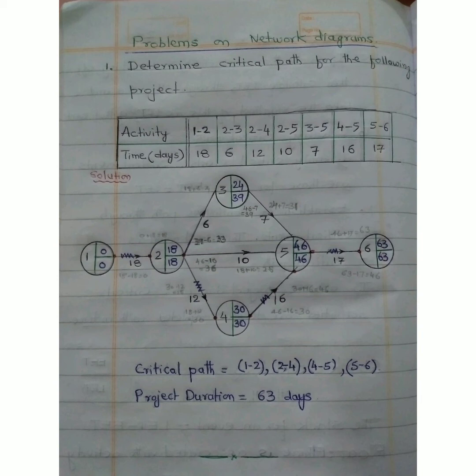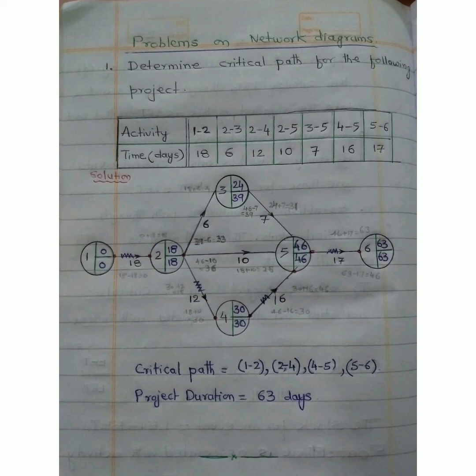To calculate the latest event time of event number 2, since there are 3 activities branching off from it, we need to calculate latest event times through each path and take the minimum value of them as the latest event time of event number 2.